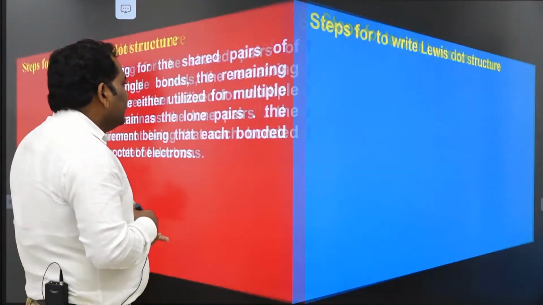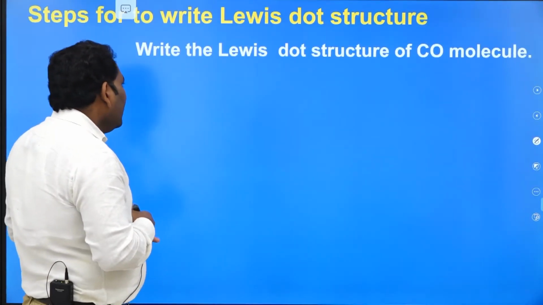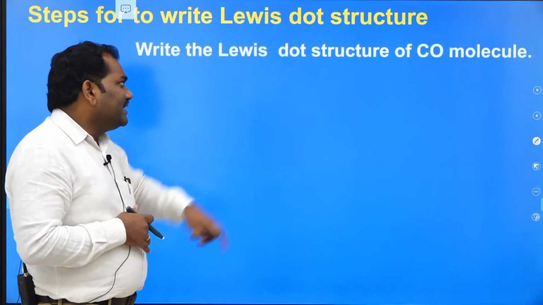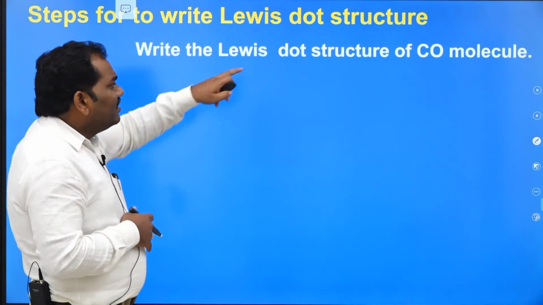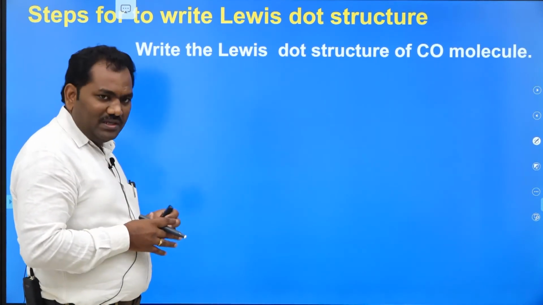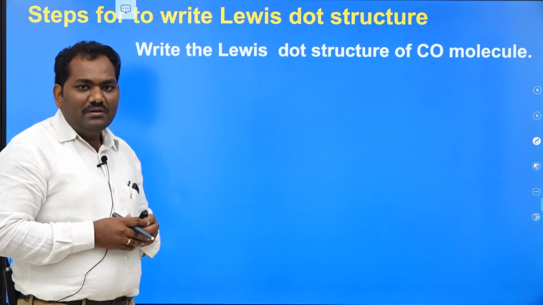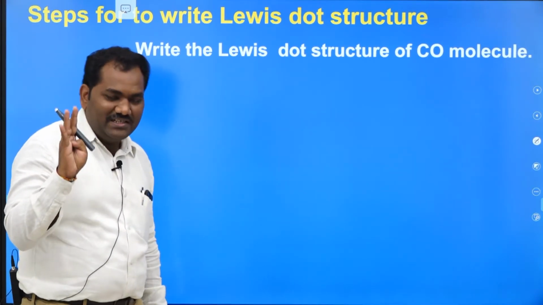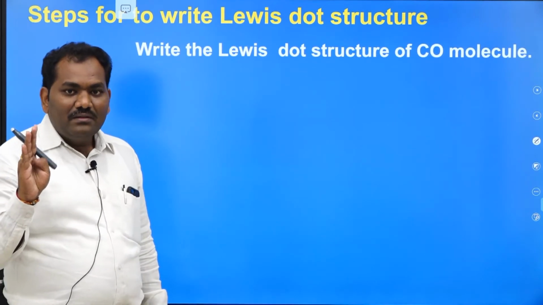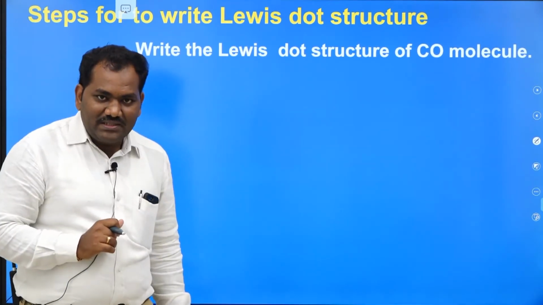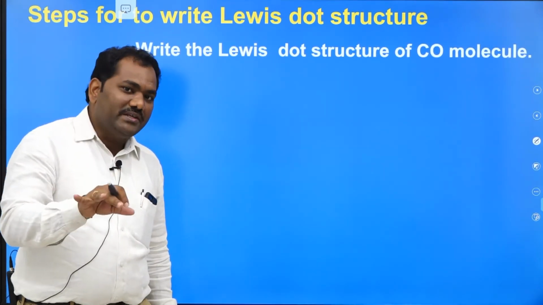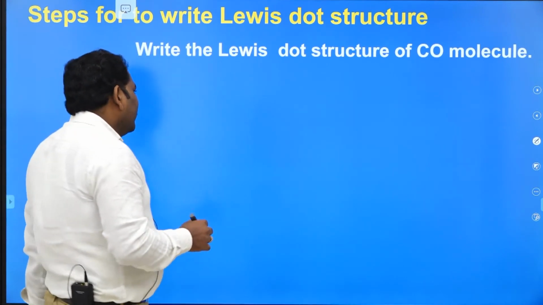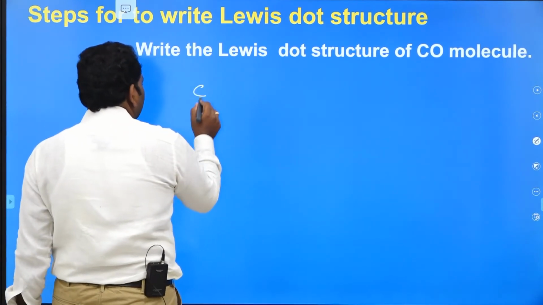Now we can take one example: write the Lewis dot structure for the CO molecule. Here also the first step is to calculate the number of valence electrons in the CO molecule. CO contains carbon and oxygen.